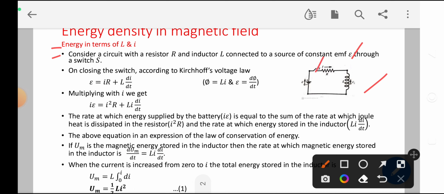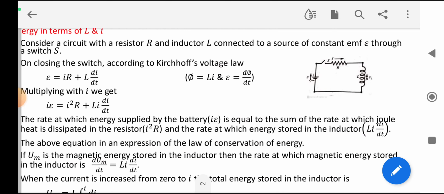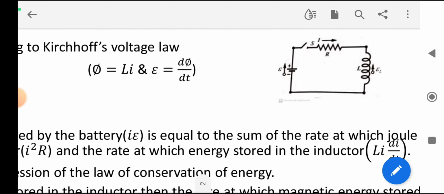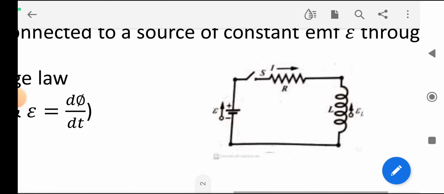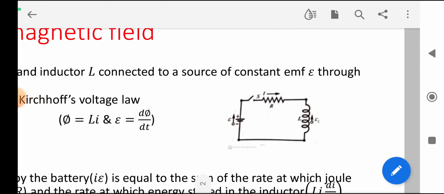Here the switch S is there, this is the resistor R, this is the inductor, and this is a battery whose EMF is epsilon.